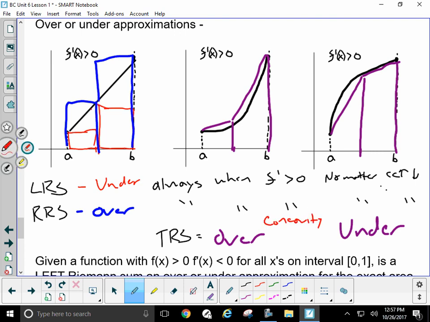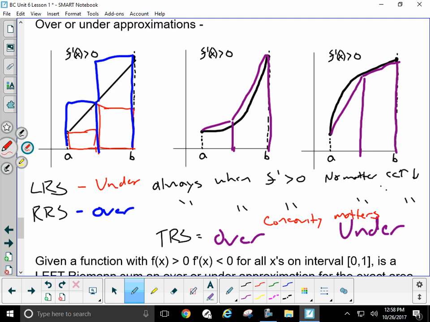Concavity matters. Now, for an opposite situation, if I'm decreasing, these two would flip-flop, okay?